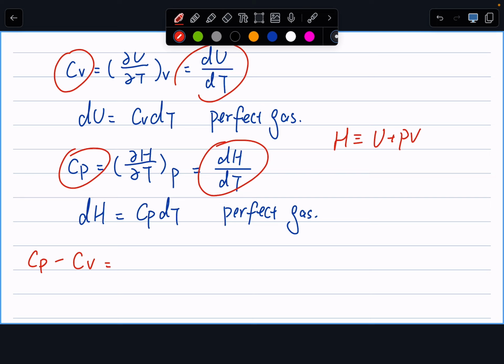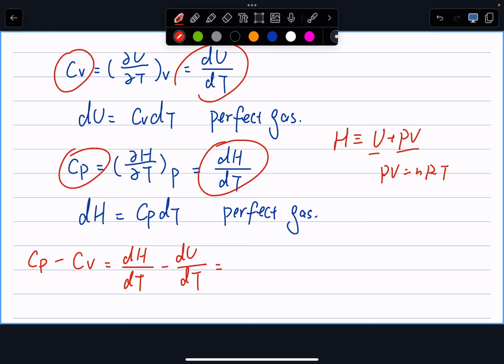So let's plug in their differential form. That equals dH over dt minus du over dt. H equals U plus PV, and for ideal gases we have PV equals nRT, right? So H effectively equals U plus nRT for ideal gases.